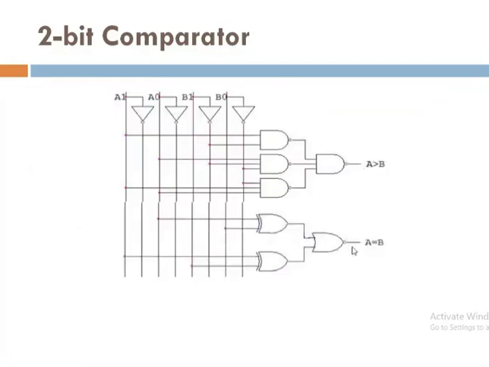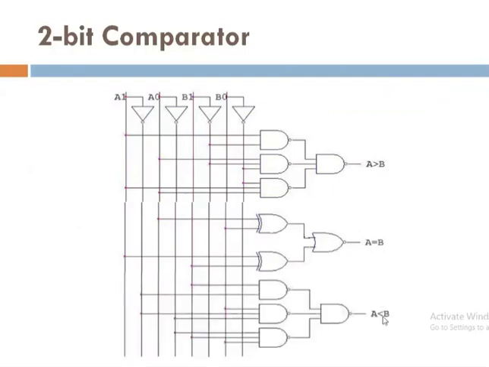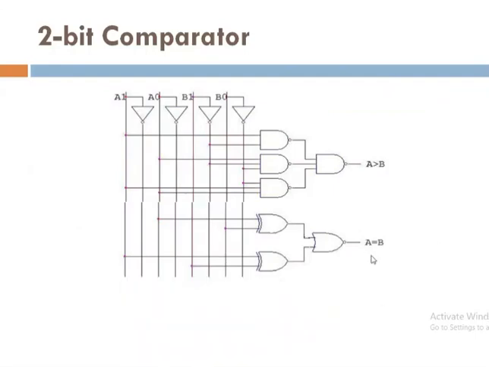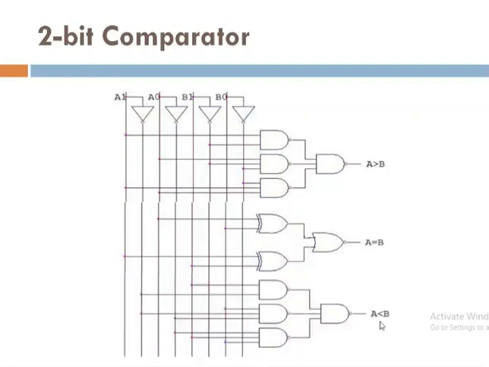Then implement A is equal to B, and then check the output for both bits. Then implement A is greater than B, and then you can verify the truth table with the help of this circuit. But you have to implement one by one.